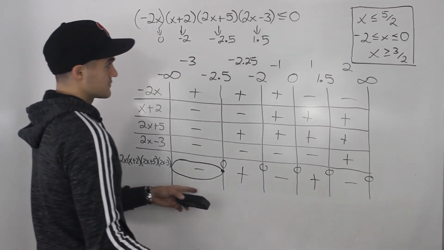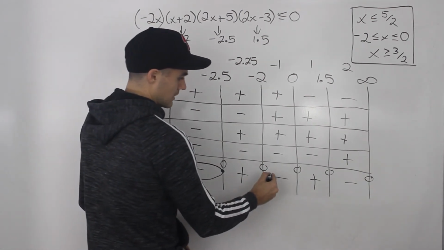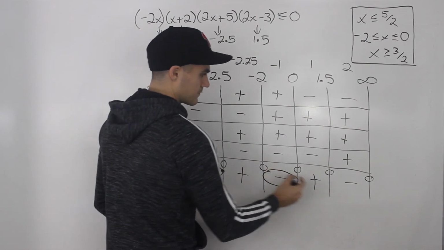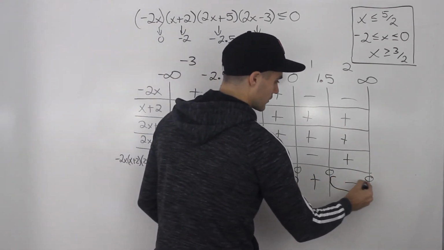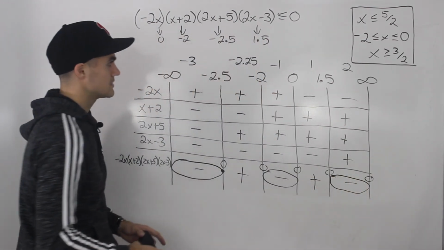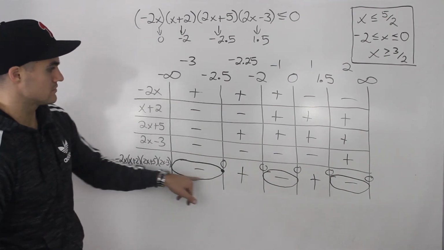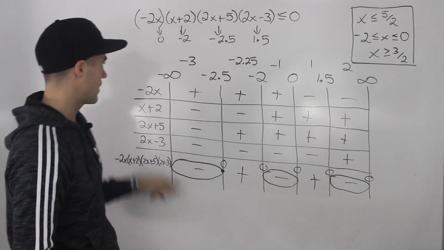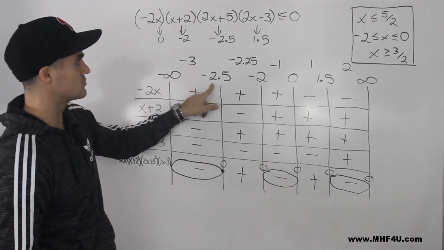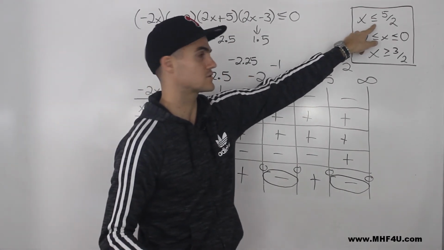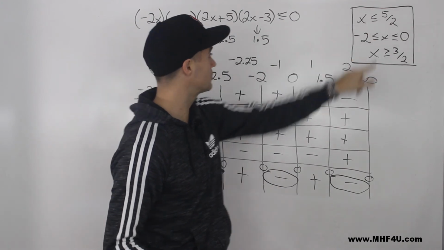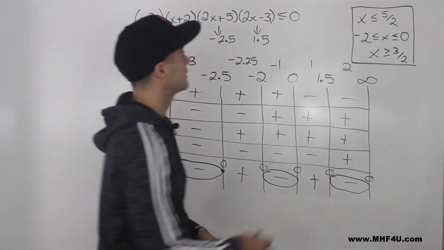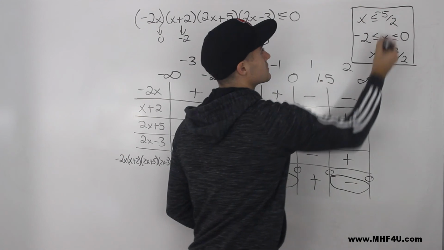So where else is this function less than or equal to 0? In this interval here, and then in this interval over here. And notice how these intervals are the same as the intervals that we got when we graphed it, right? From -infinity to -2.5, which is the same as when x is less than or equal to, you know what, that should be -5/2 here. Sorry about that.